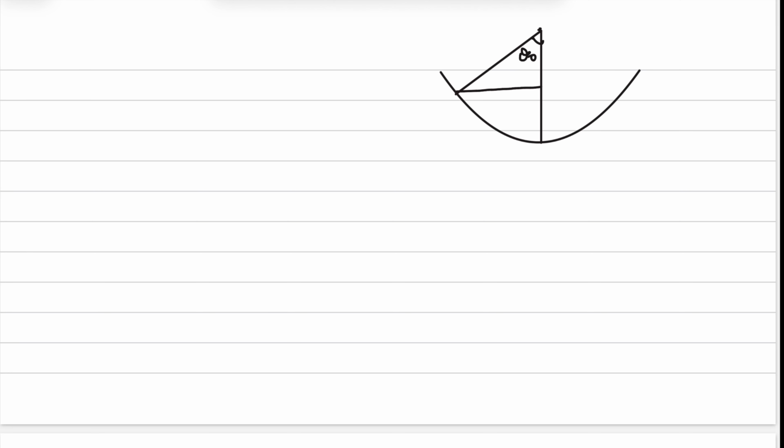This is theta naught and this distance is R minus R cos theta naught, and this is the COM, let us say. We require this distance, not from the bottom. We have to calculate from the COM because we have taken the reference line as COM. From the reference line, we have to find this height.